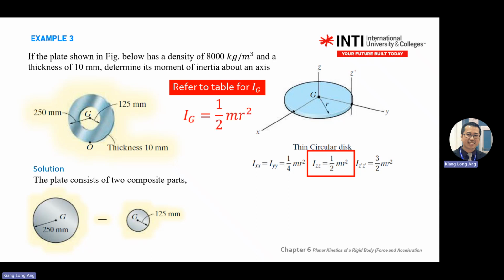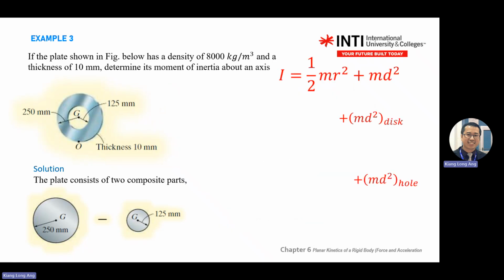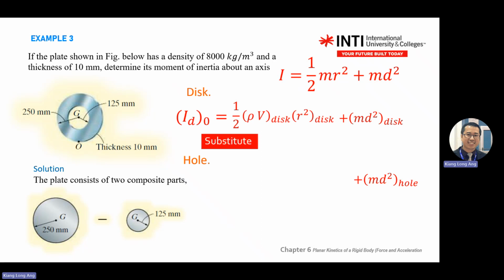Okay, I go very fast here. So here, again, you know that you have this Ig equal to half m r squared, this one from the chart, plus md squared.